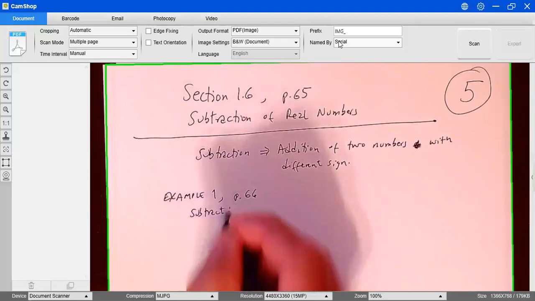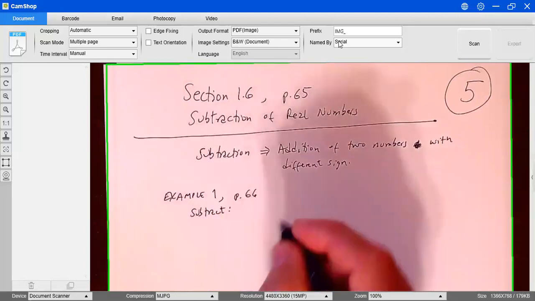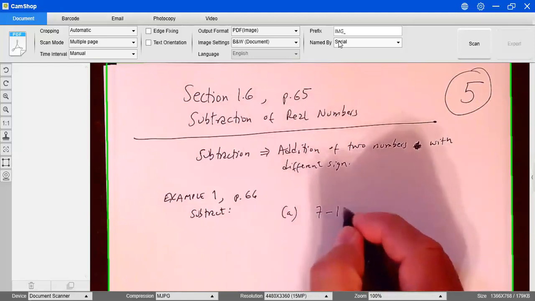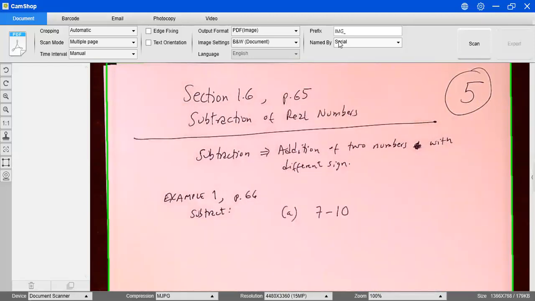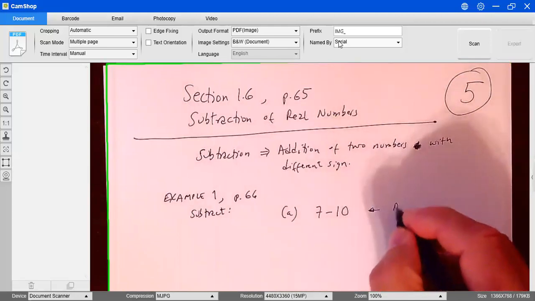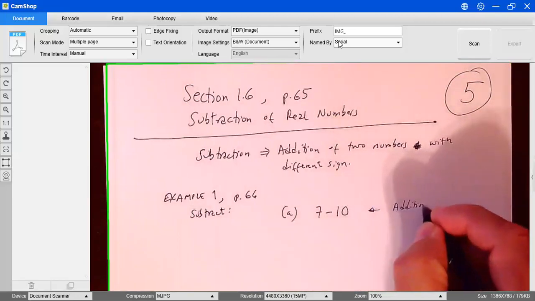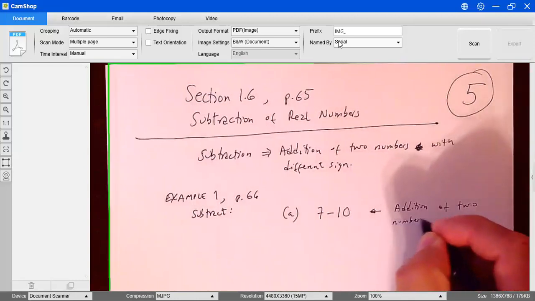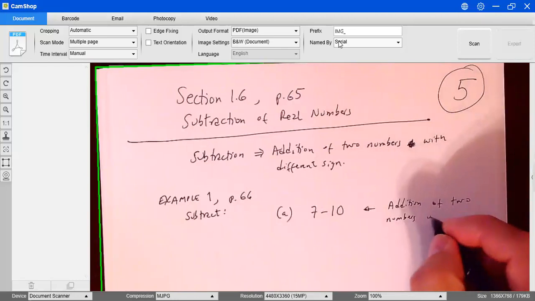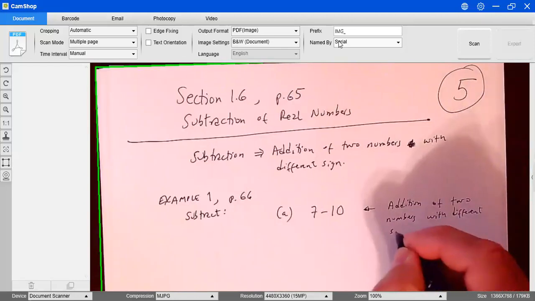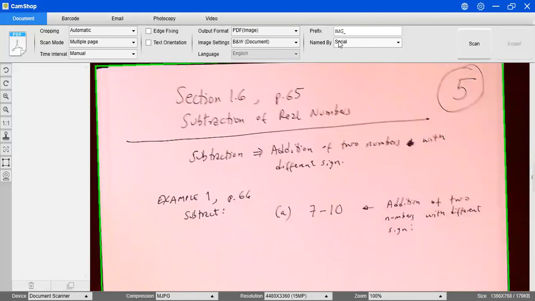The directions are very simple. We need to do subtraction. The first one, we have 7 minus 10. You can see here that this is the addition of two numbers with different signs. What are the rules to do this addition?